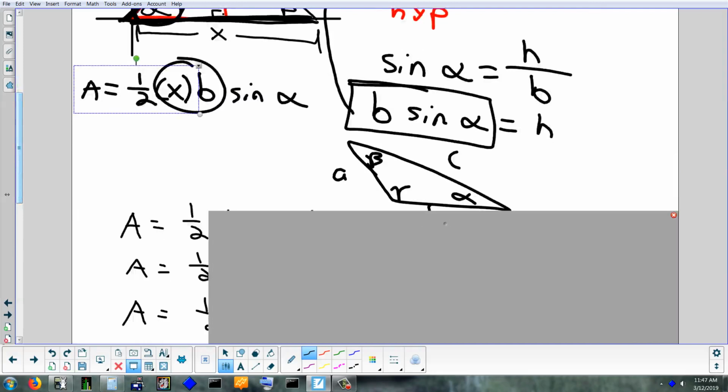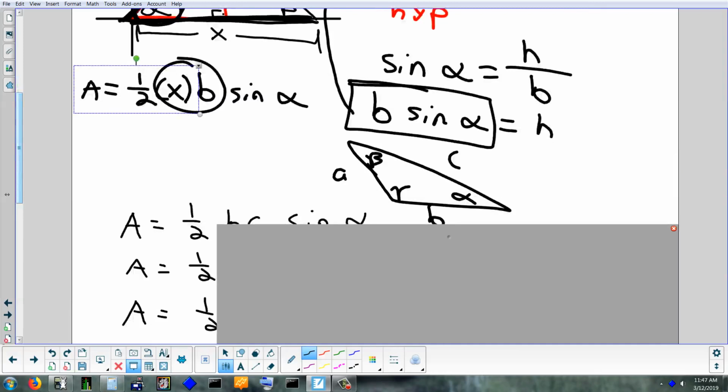All right, so they all start out with 1/2. Now, let's do B and C. What angle is right in between B and C? Alpha.